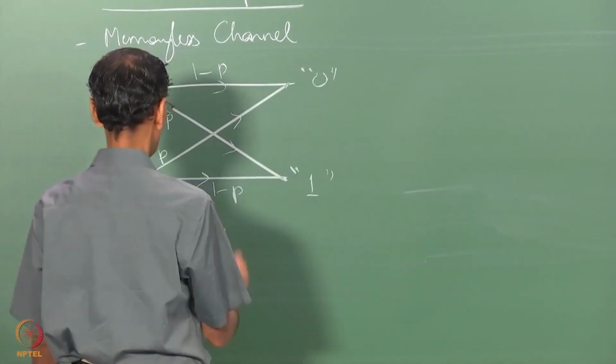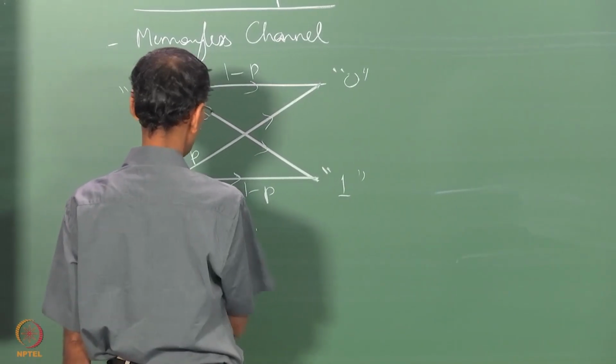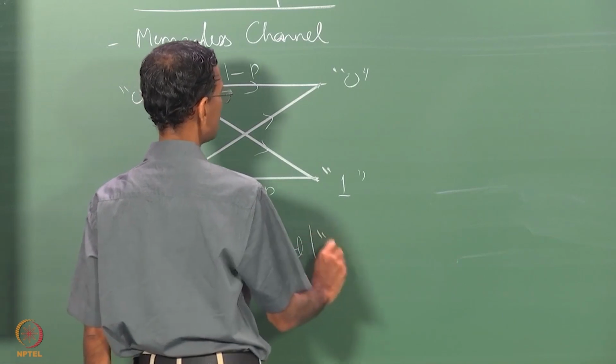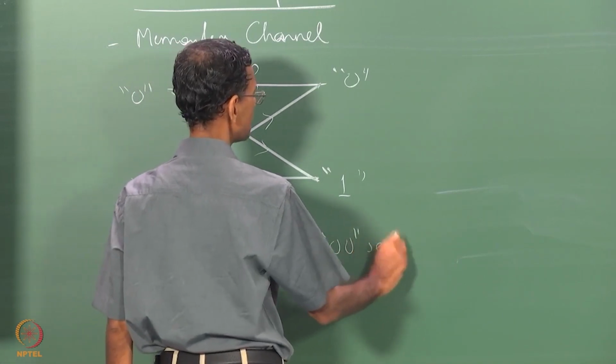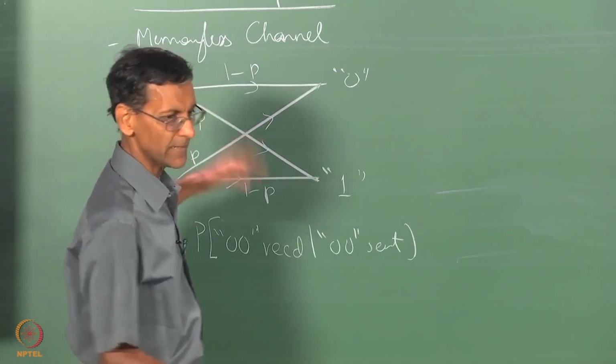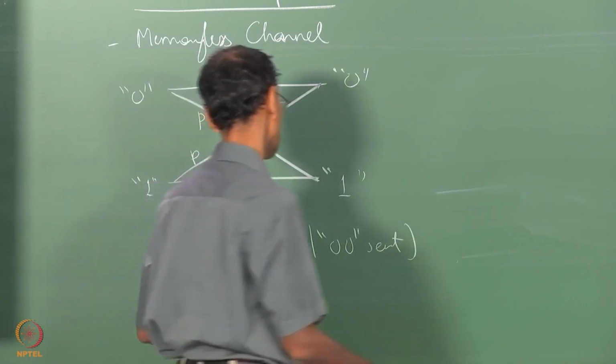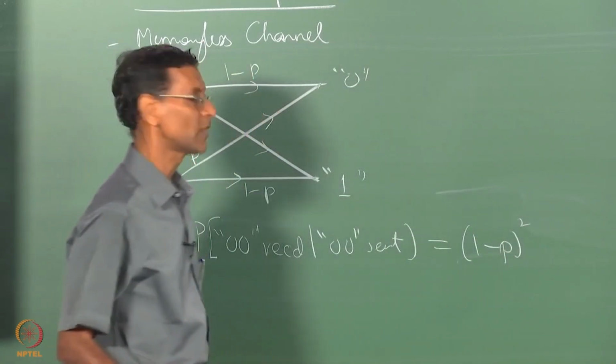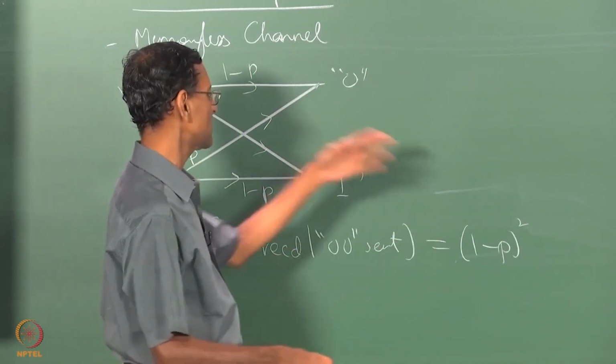So if I want to look at the probability of 00 received given 00 sent, for any two transmission instances, this is going to be 1 minus p squared. How do I get this? It is 1 minus p times 1 minus p.